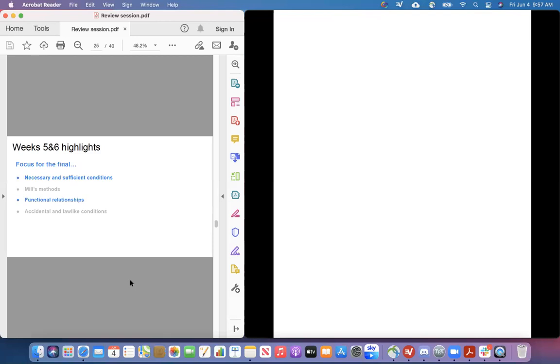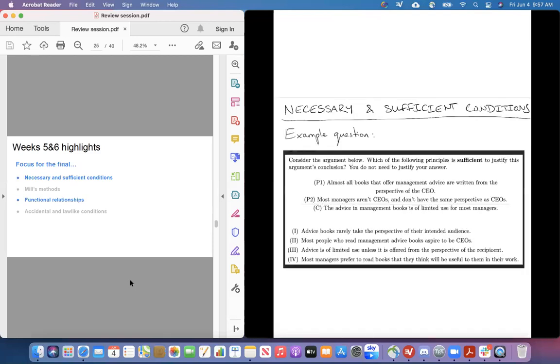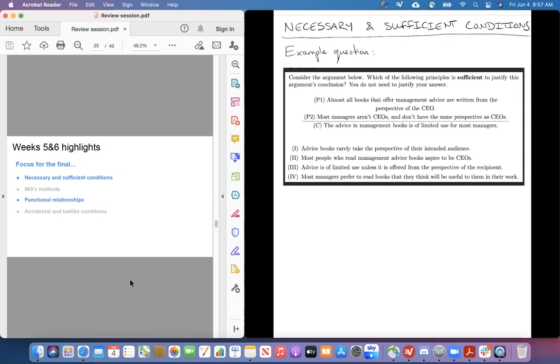There were A, filling in those tables and using Mill's methods, and B, looking at written English arguments and being able to pick which conditions are sufficient for a conclusion, which conditions are necessary for a conclusion. I have chosen to focus on the second type of those questions. So this is what you should be practicing for the final. So let's have a look at an example question.